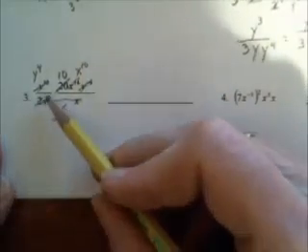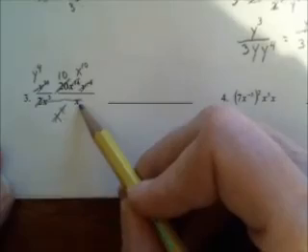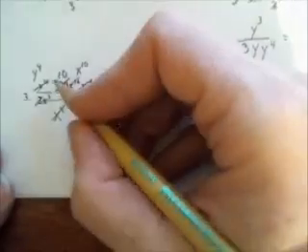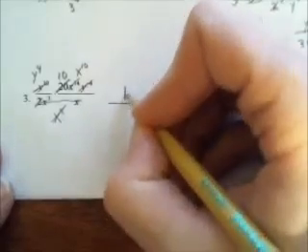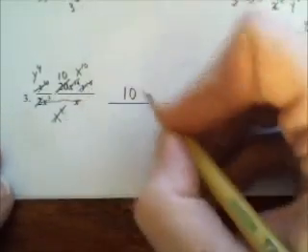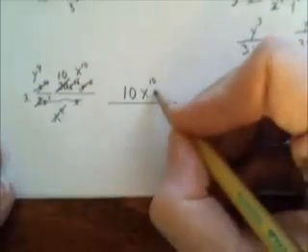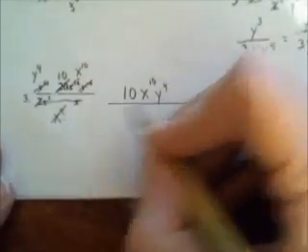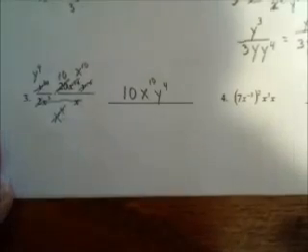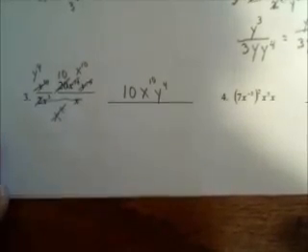So it looks like we've canceled everything out of the denominator. And when that happens, we don't have a fraction anymore. So what we're left with in the numerator is a 10. We have an x to the 10th. And we have a y to the 4th. And the denominator all canceled out, so it was just left with a 1 down there.